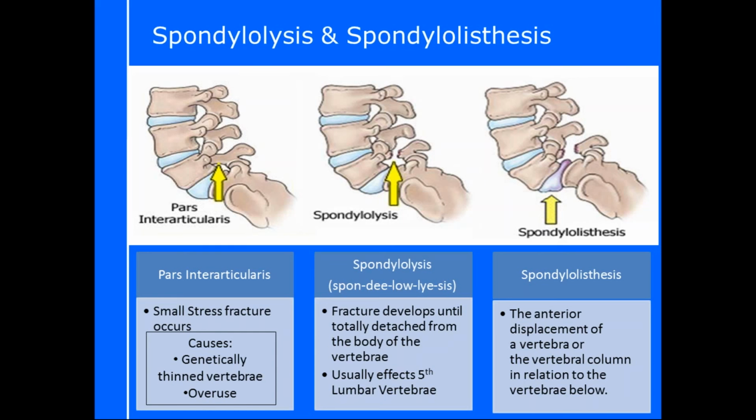Now, spondylolysis is where that small stress fracture develops and becomes totally detached from the body of the vertebra. So you can kind of imagine this totally detaching away. You can see it in that middle image now, that stress fracture has allowed that to totally pull away. Now, remember, we don't just exist on bones and intervertebral discs.